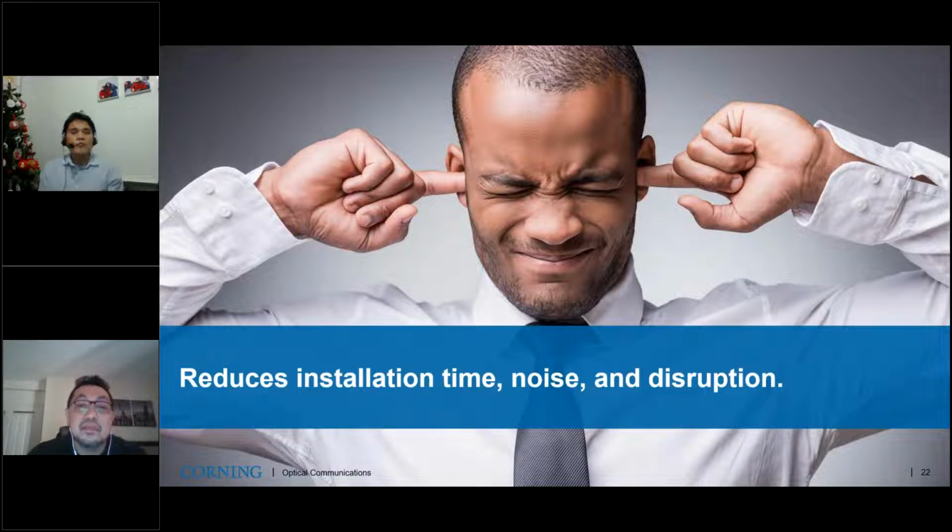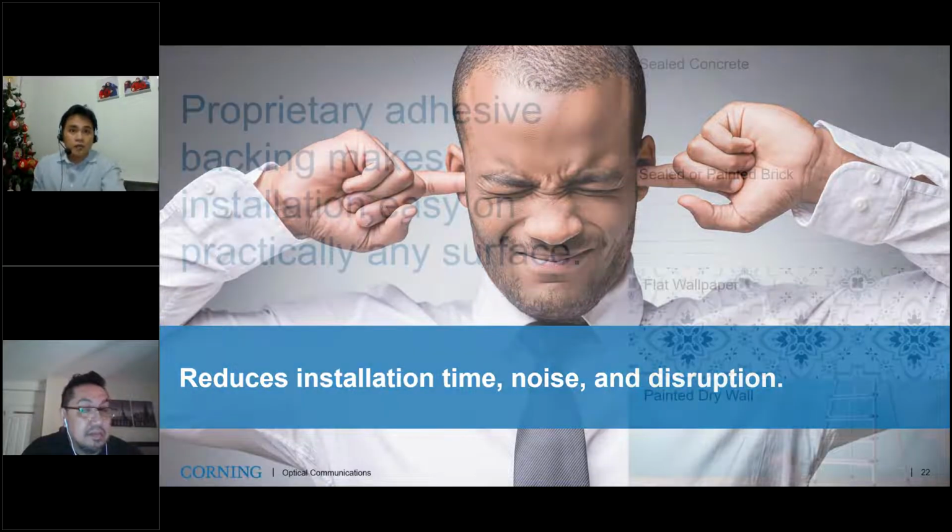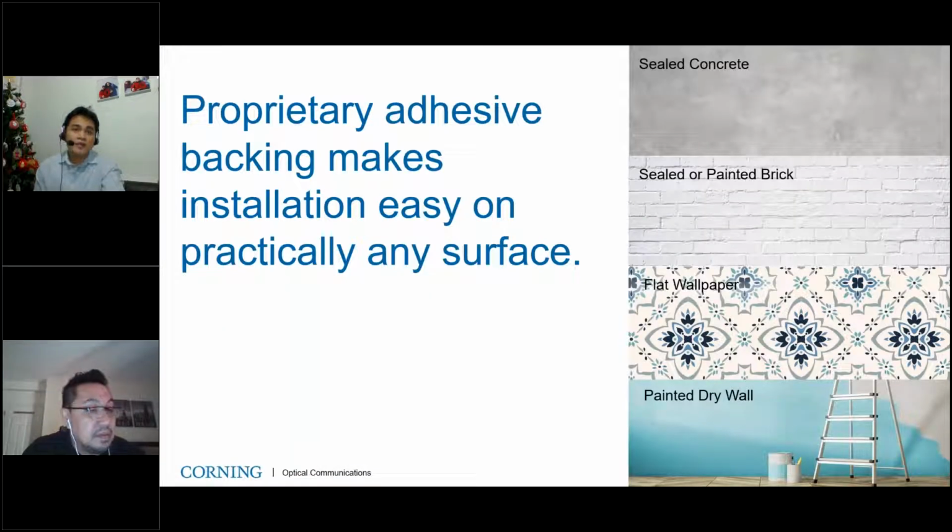So simplifying the process, minimizing the bill of materials, and avoiding tools like a circular saw, hand drill, hammers, stapling, and adhesive applicator reduces installation time and the noise that creates disruption to the tenants, especially in compact living spaces like a multi-dwelling unit. Because a tape-like adhesive is used to mount the fiber pathway to the wall, installation is less disruptive than traditional methods such as stapling.